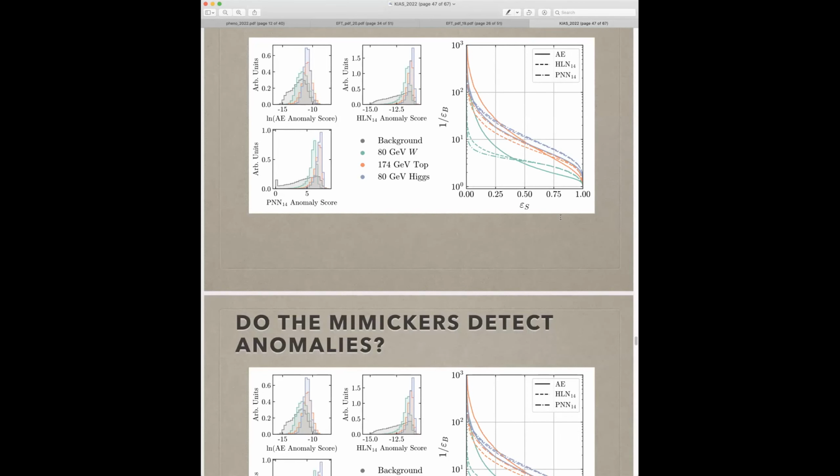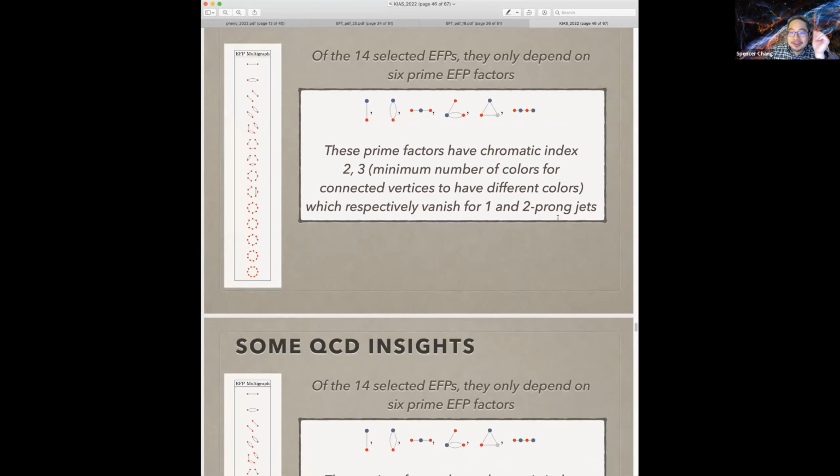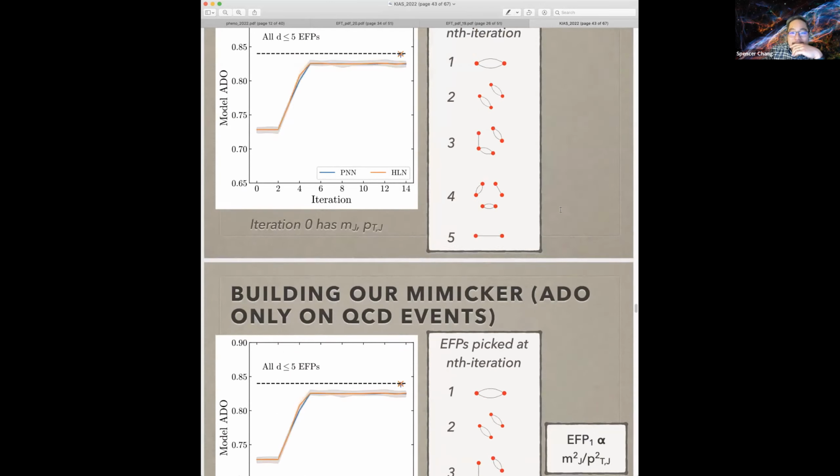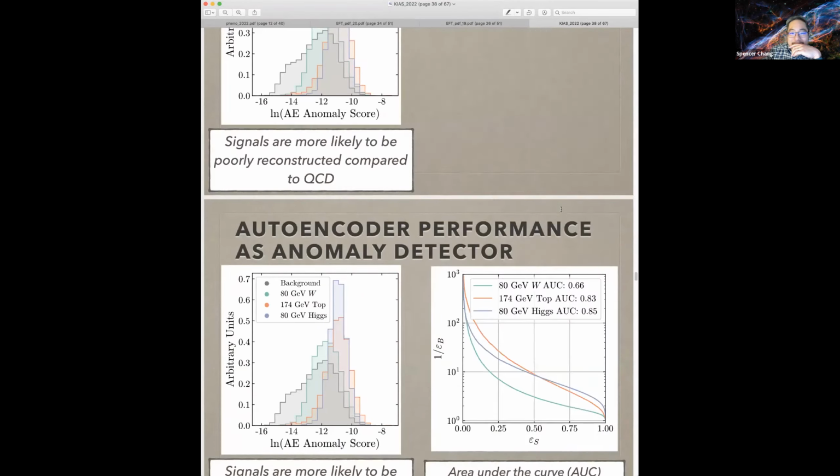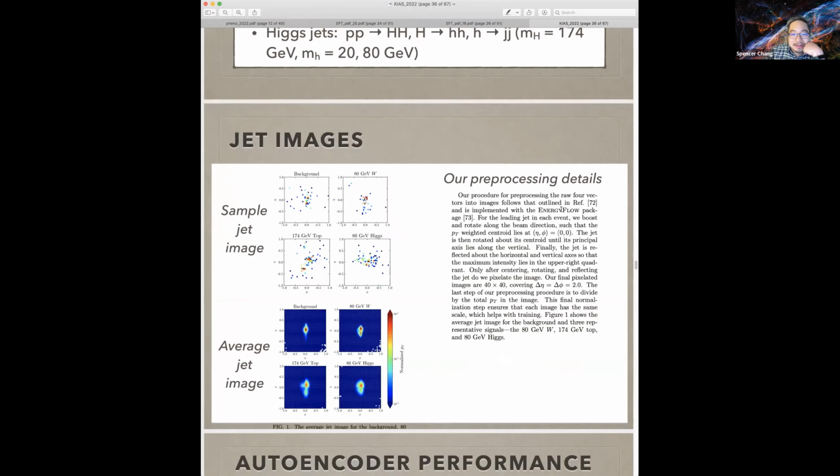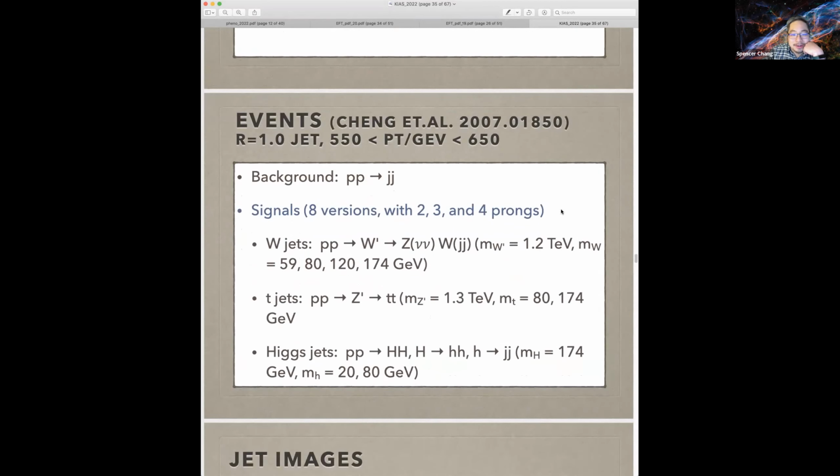Maybe a too naive question. Do you also consider the 125 GeV Higgs? Oh, the 125 GeV Higgs. Yeah, we were just using this publicly available data set. We didn't want to go and generate our own, basically. It was just nice to use this. For instance, it'd be interesting to apply this to a boosted Higgs recoiling off a W or something like that, and see how it works.